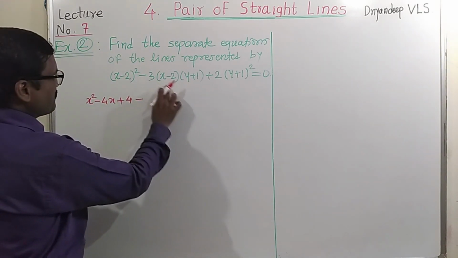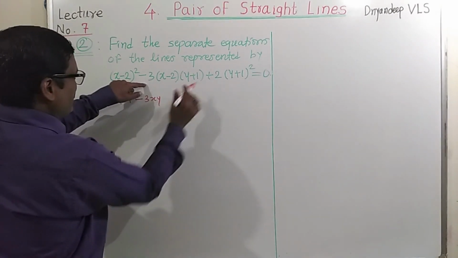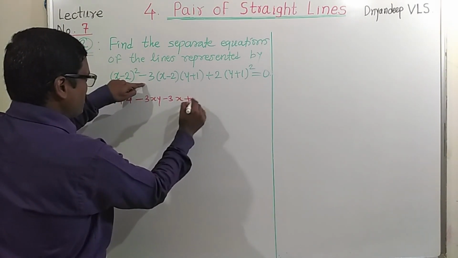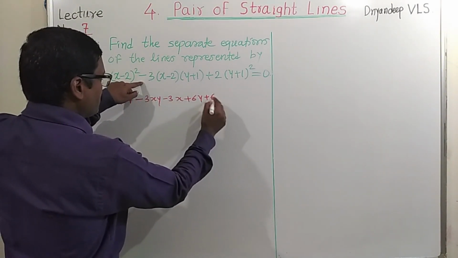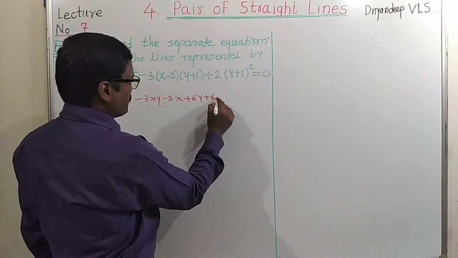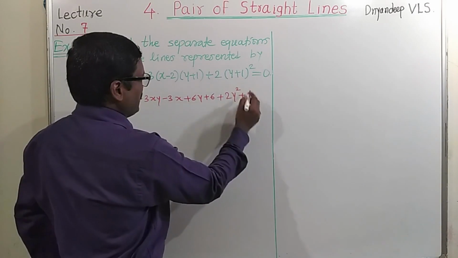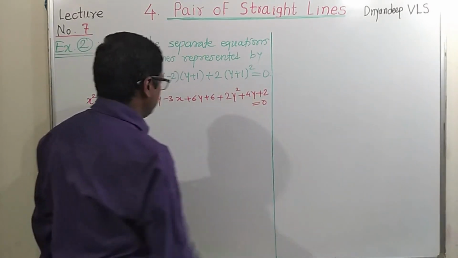This will give us xy, that is minus 3xy. Then minus 3x means this will be minus 2y, so plus 6y, and this minus 2, that is plus 6. This will give us 2y square plus 2y, that is 4y, plus 1 means plus 2 equal to 0.